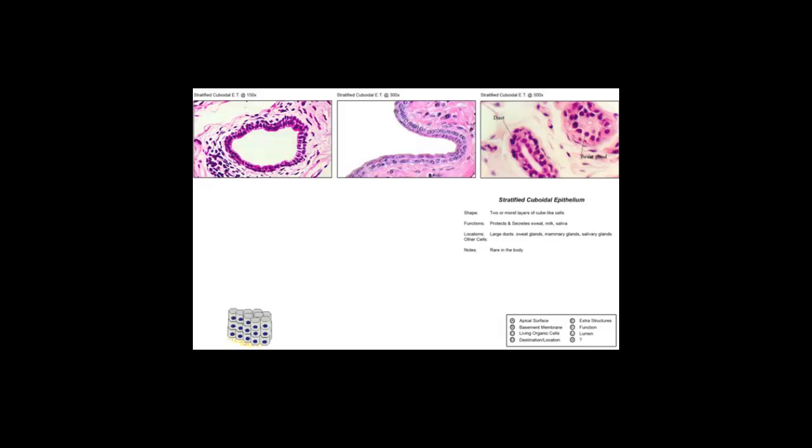The same type of presentation of cells, and then one of these structures cut in cross-section that's leading into this larger salivary gland, further magnified, would appear as this stratified epithelial type that we see here. A fairly rare occurrence though, and it's mainly for protection from the secreted substance in the gland that it is associated with or leading away from.